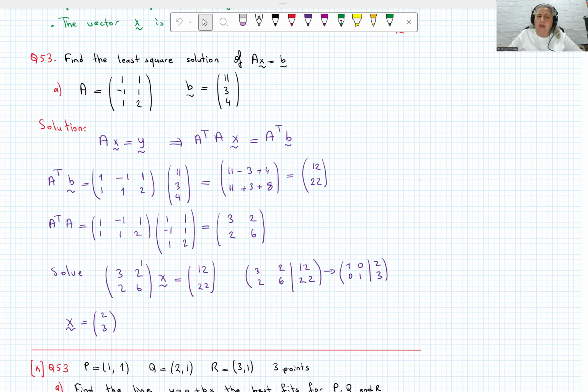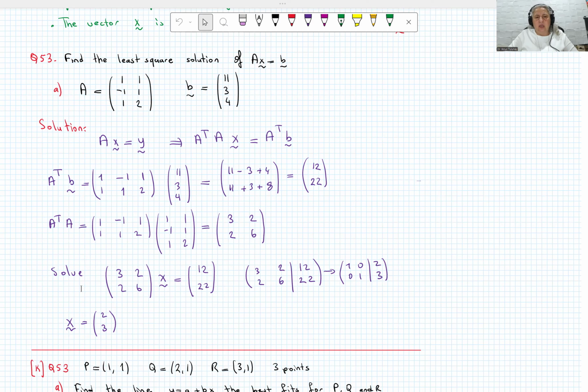You can find the inverse of this matrix and multiply from this side: the inverse of this matrix times this will give you the result. You can do it both ways; it doesn't matter. Since this is a 2 by 2 matrix, it is very easy to find its inverse. I talked about this before, so I'm not going to repeat it. By now, you should know the inverse of a 2 by 2 matrix. If not, you must know it anyway.